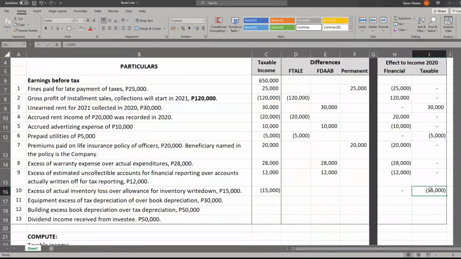And the 15,000 will be part of your future taxable amount. Future taxable amount siya. Bakit? Kasi when the time comes na mag-record ka na ng allowance ulit, wala ka nang madideduct na expense. Kasi nasama na siya sa taxable income ngayon.